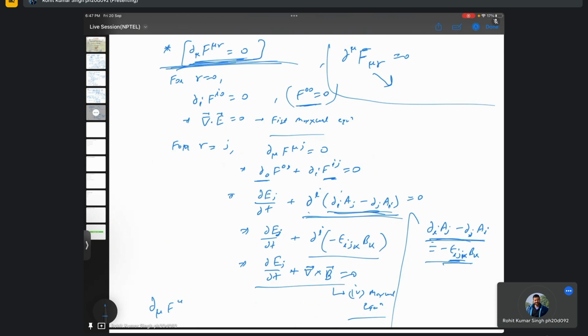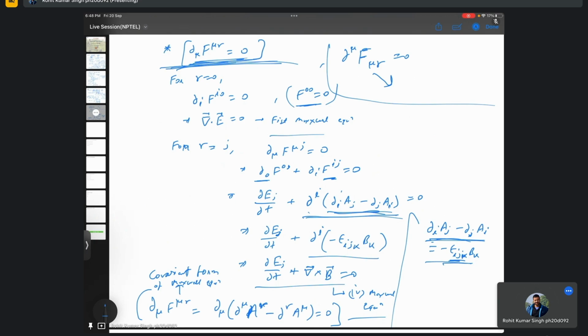So writing it explicitly, you have, okay, and this is the covariant form of the Maxwell equations.